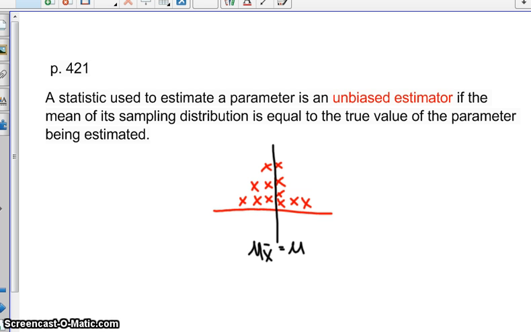It'll come into play a little more. You'll see it a little easier when we start actually getting into sample proportions and sample means.